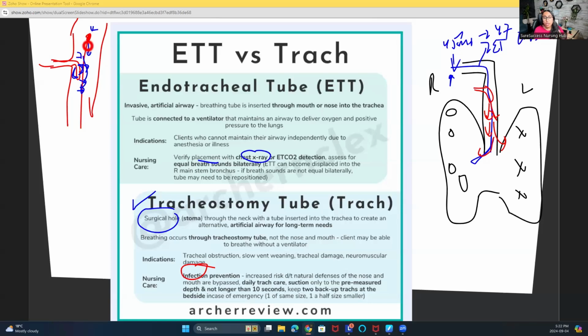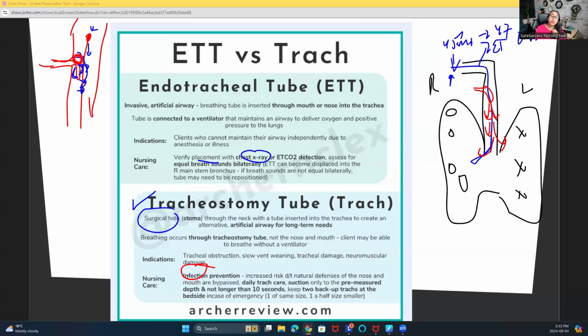No. So what happens is, if the patient has a permanent tracheostomy, and if he wants to speak, what will we suggest? Deflate the balloon when you are talking. When you deflate it, the air will pass through the tube and it will vibrate, and he can speak.